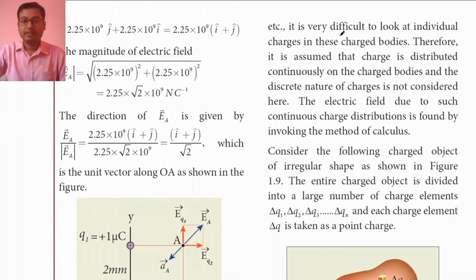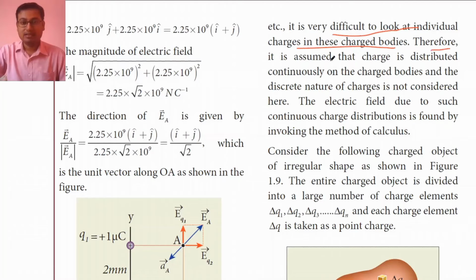It is very difficult to look at individual charges in these charged bodies. If we have a sphere and a lot of charged particles are lying on its surface, we cannot count or visualize the individual charged particles. In that situation, what should be done?